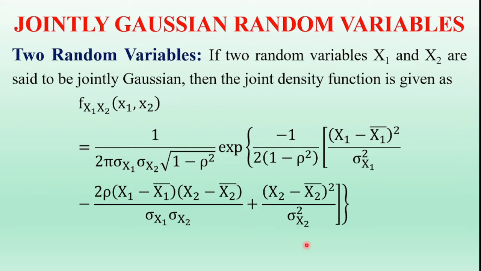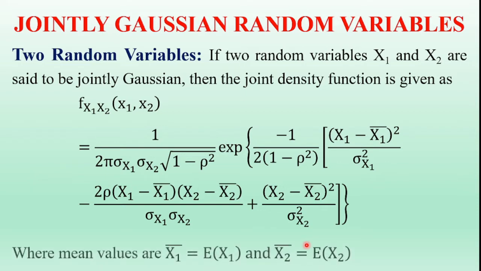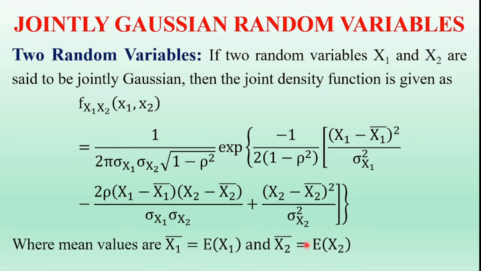Here x1 bar is the mean value of the random variable X1, also written as expectation of X1, and x2 bar is the mean value of the random variable X2, also written as expectation of X2.